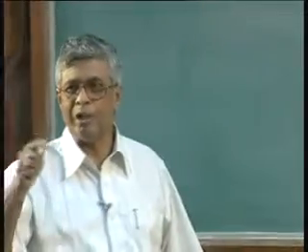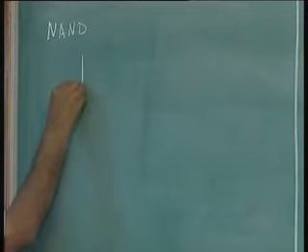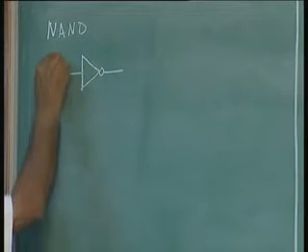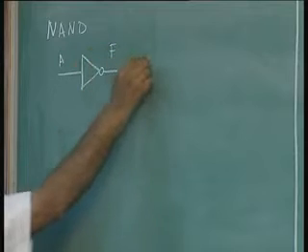So first let us see how to get an invert using NAND. What is an inverter, if you remember from last lecture? F is equal to A bar.